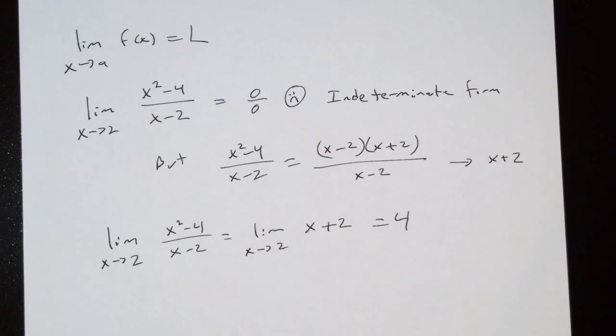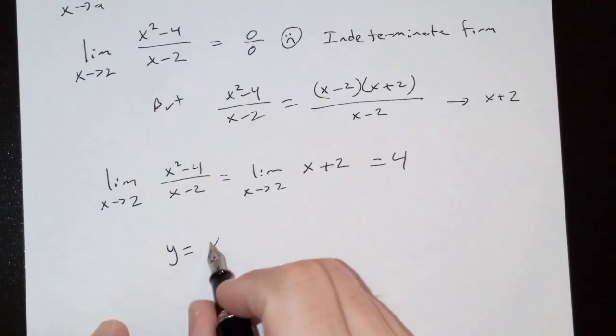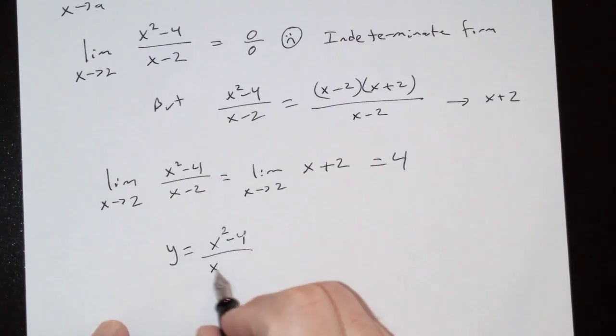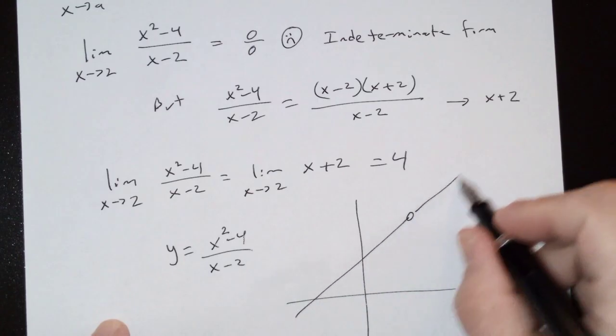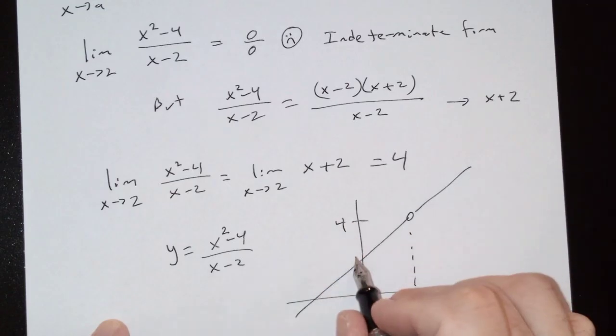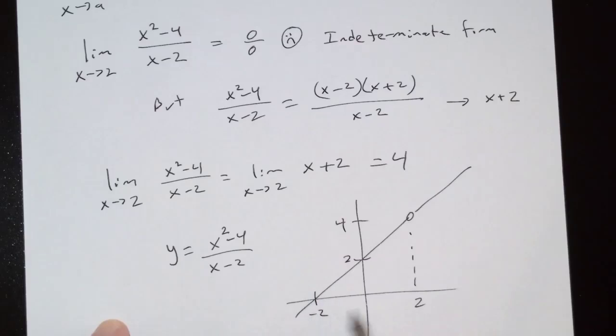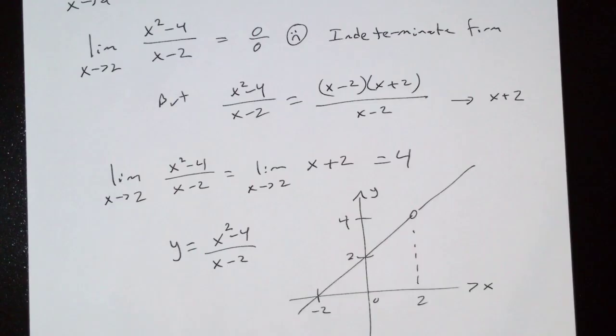There's a hole in the picture at 4. If I graph this expression, I end up with this picture.